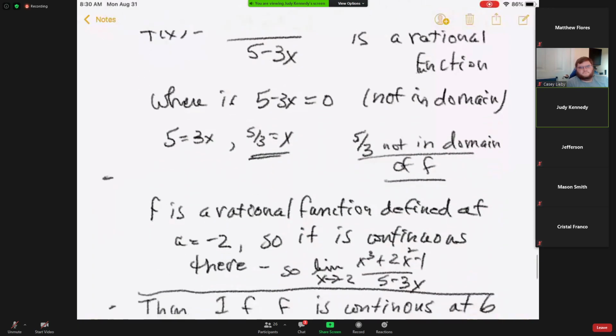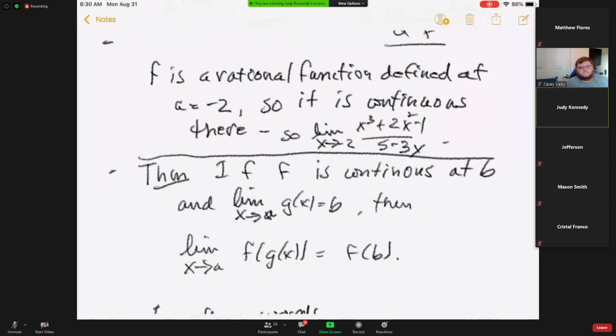It's just equal to f of minus 2, which is minus 8. Let's see, so 4 times 2 is 8, minus 1 over 5 plus 6. It's because that's a minus 2.